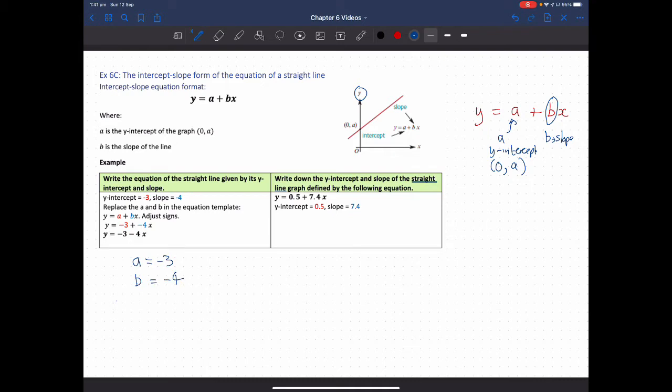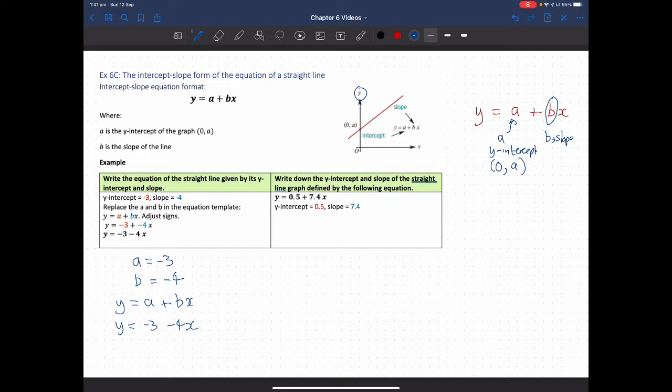So we have the general equation y equals a plus bx. In this case, a is -3, and b is -4. Substituting in those two values, I get the equation y equals -3 minus 4x.